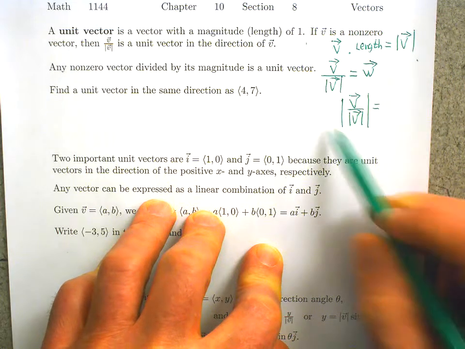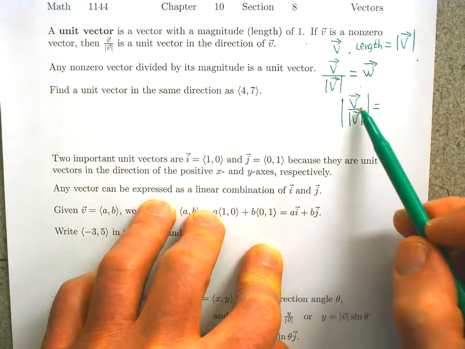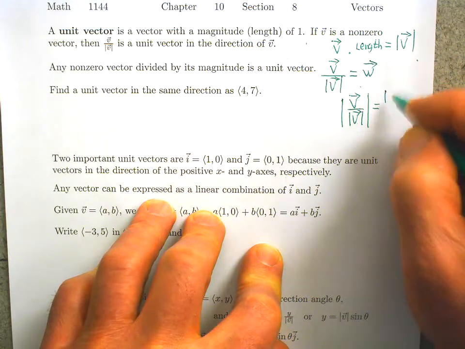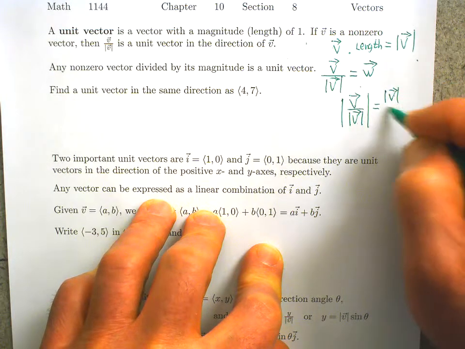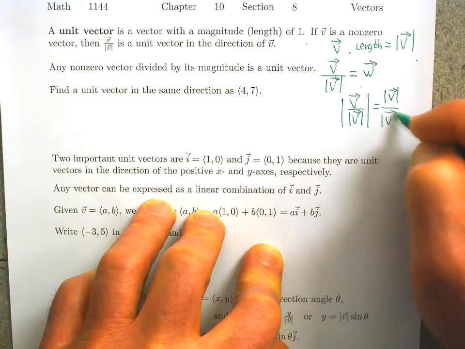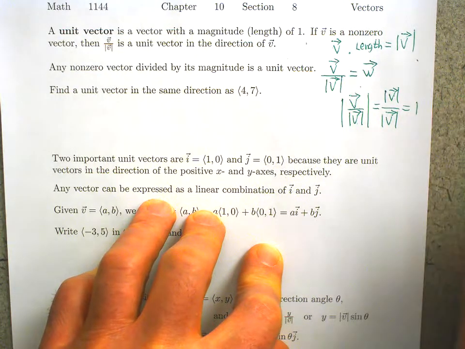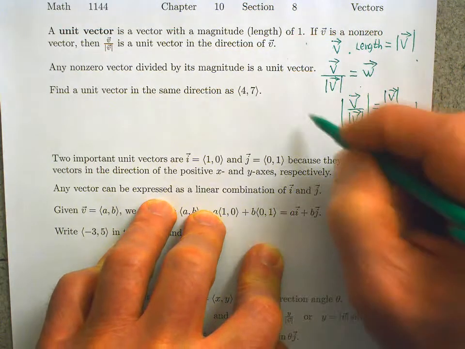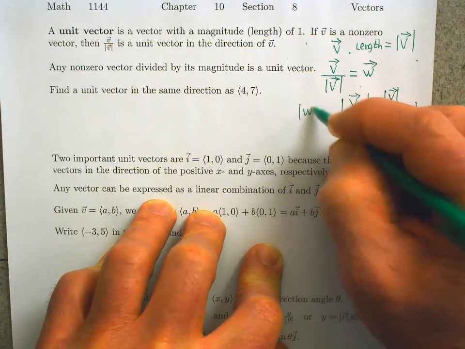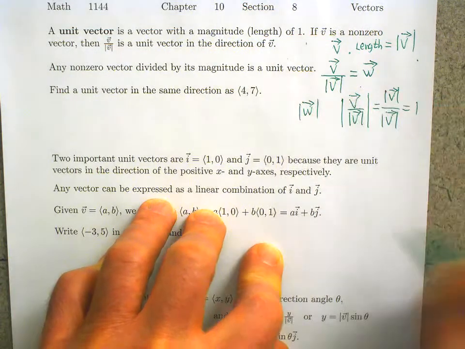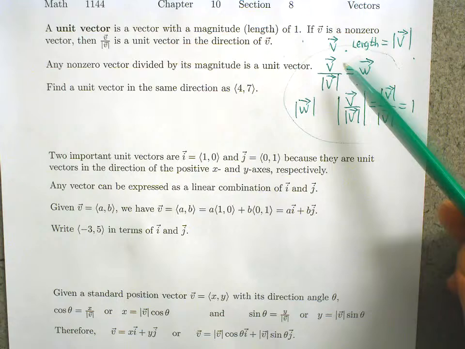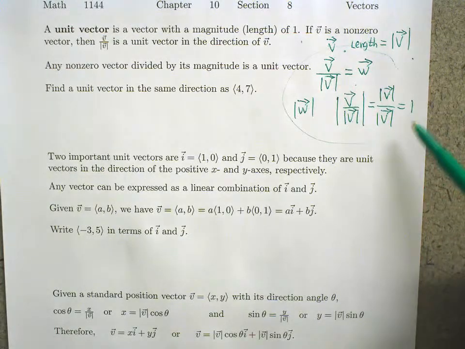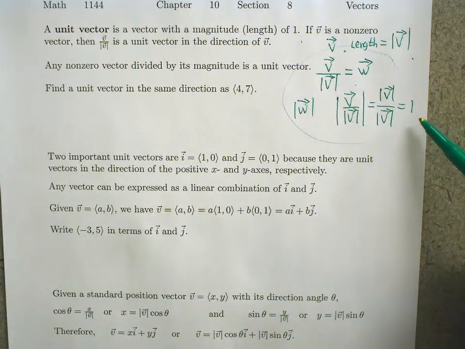But the absolute value of the vector v divided by the absolute value is just the absolute value of v over the absolute value of v, which is equal to 1. That's just a simple way to prove that if you divide a vector by its magnitude, you have a unit vector, which means that its length is 1.